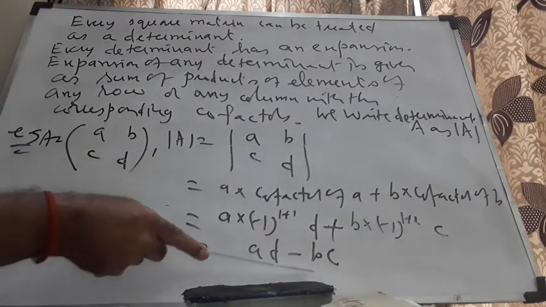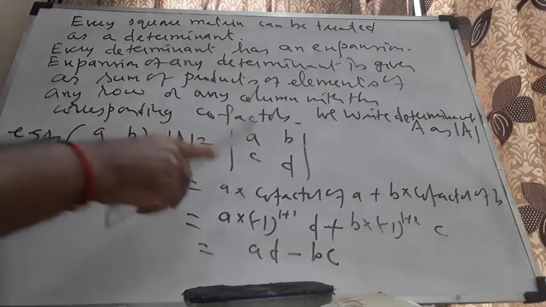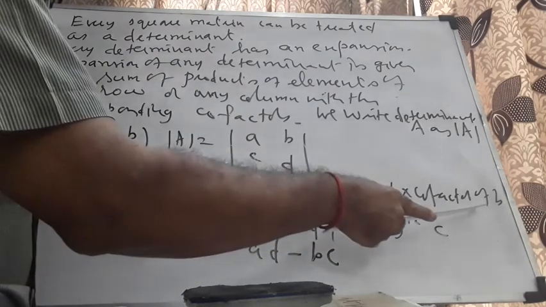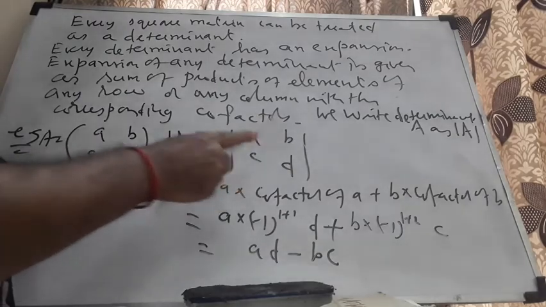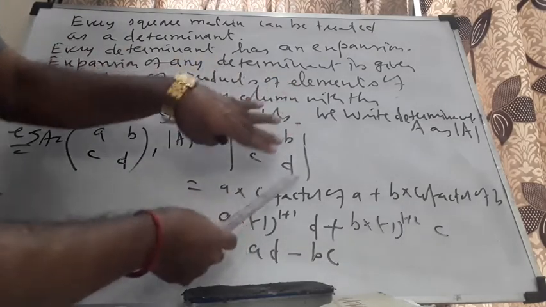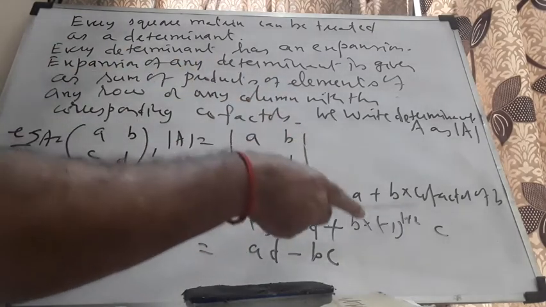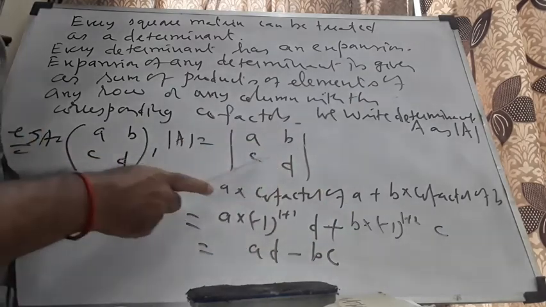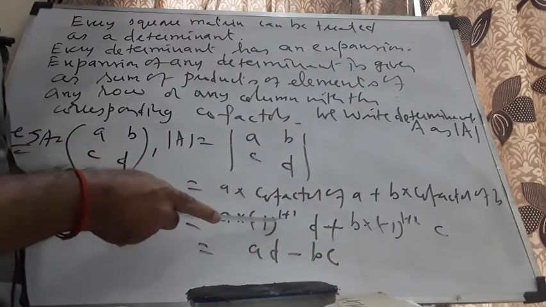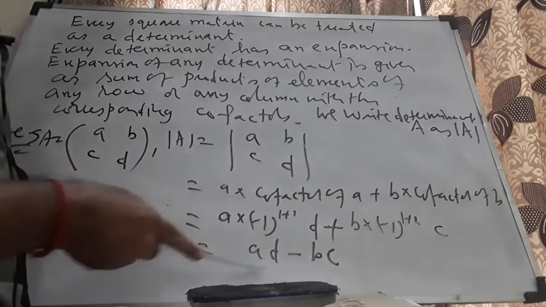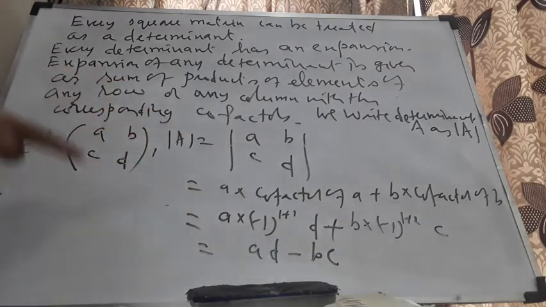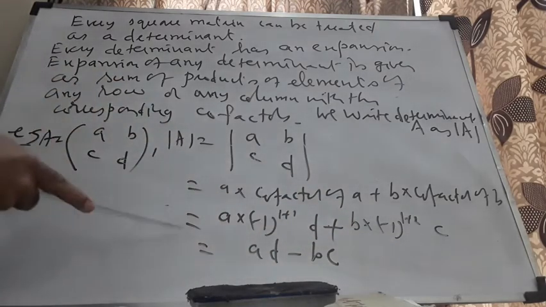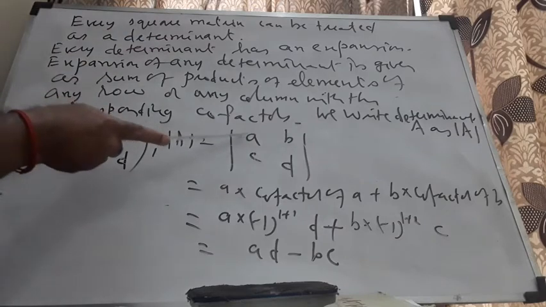Therefore, ad minus bc. Instead of expanding like this every time, there is an easy way to remember.